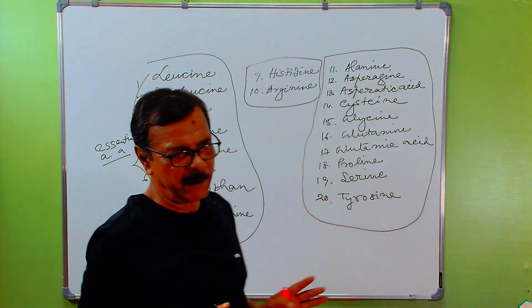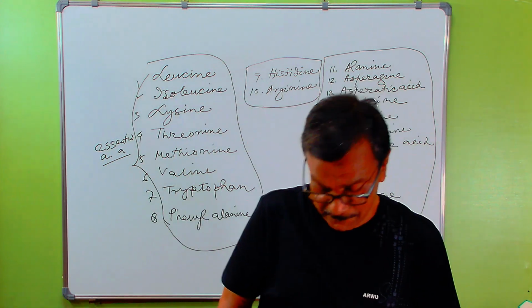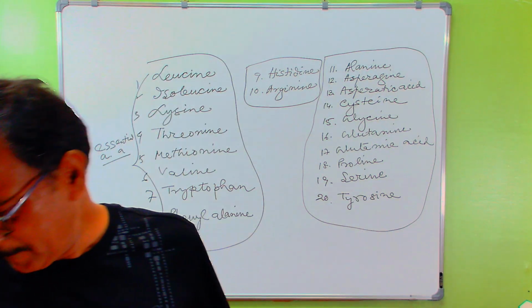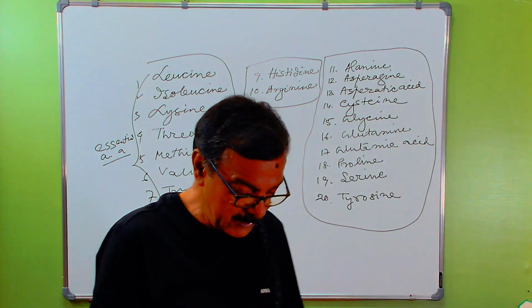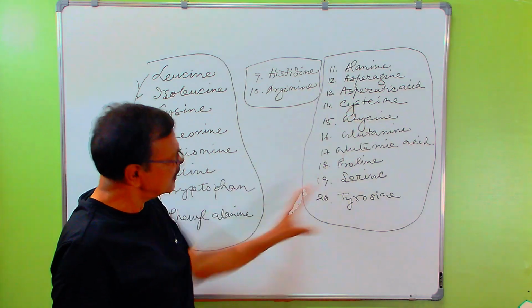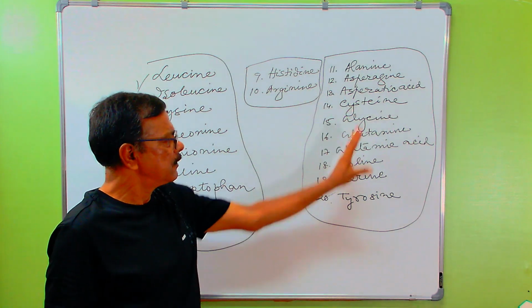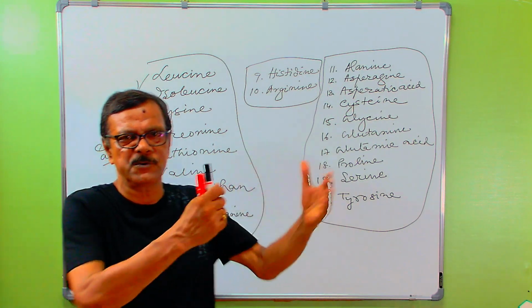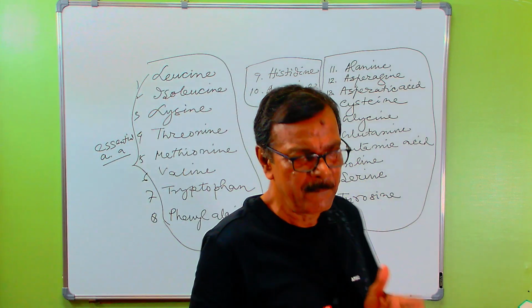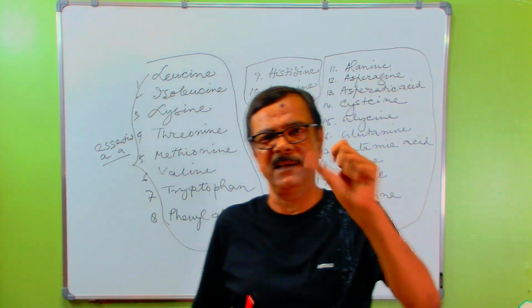Out of these 20 amino acids, we will be producing protein. In transcription, we will see that out of these 20 amino acids, we are producing different types of proteins. We require enzymes for digestion.